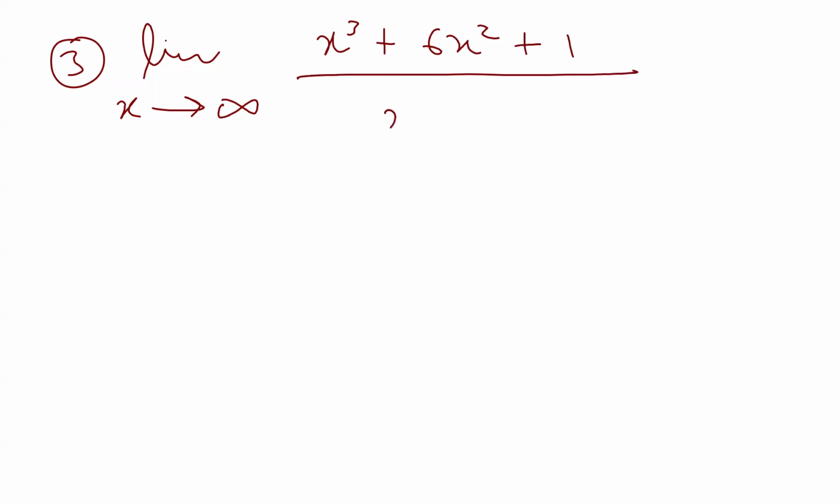Limit x approaching towards infinity, x cube plus 6x squared plus 1 upon x raised to 4 plus 3. Look at the individual terms: x cube, x square, x raised to 4.